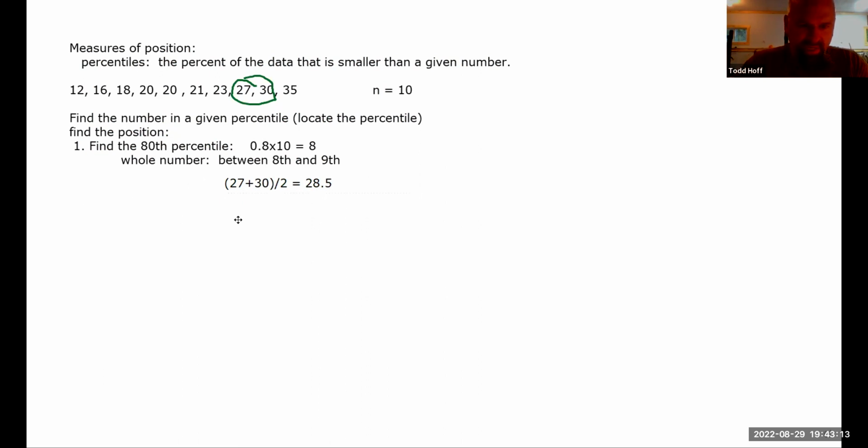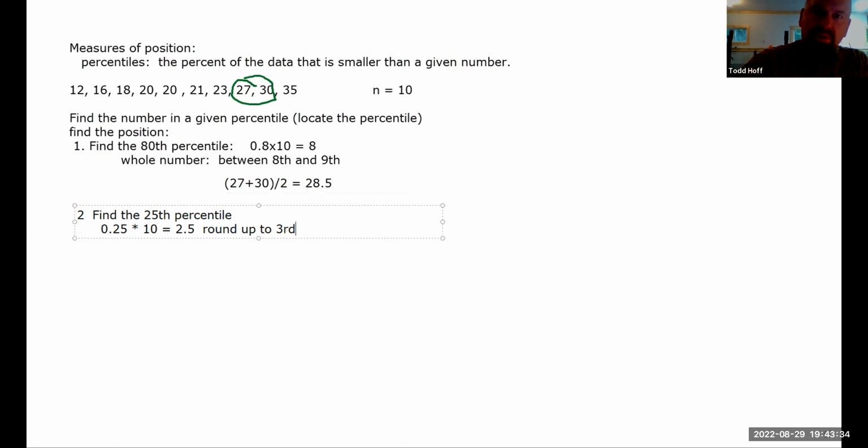I might ask you to find the 25th percentile. So again, we do the location: 0.25 times n of 10 gives me 2.5. That's a decimal, so I round up to the third location.